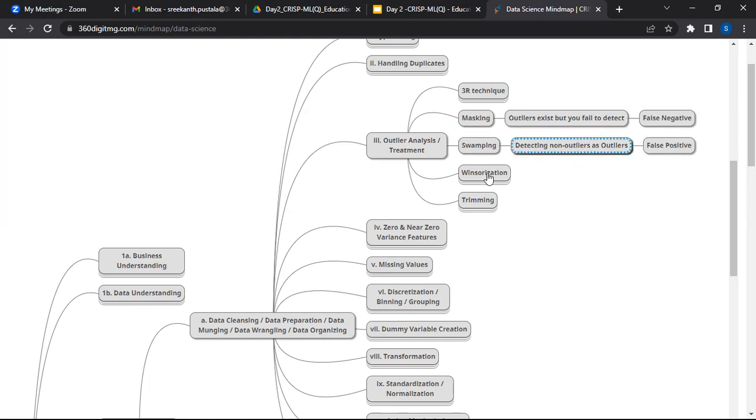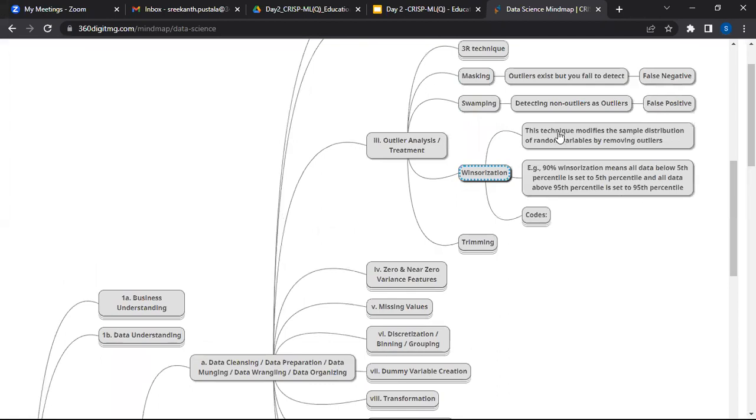So it's a false positive. And winsorization. This technique modifies the sample distribution of random variables by removing outliers. So 90% winsorization means all data below the 5th percentile is set to the 5th percentile and all data above the 95th percentile is set to the 95th percentile.